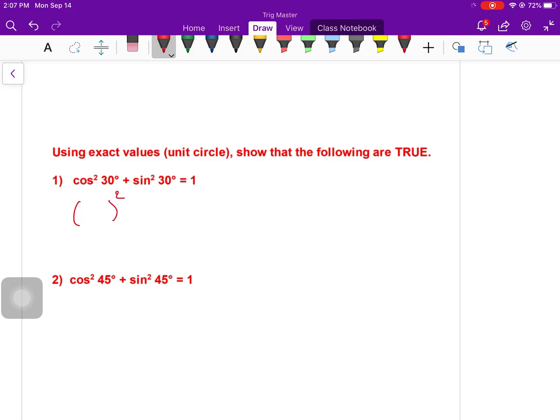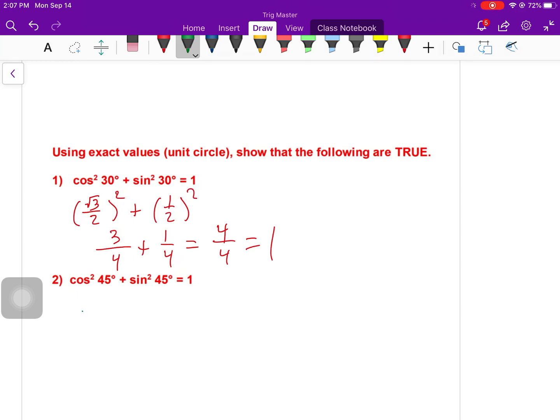Well, cosine of 30 degrees, that's going to be our square root of 3 over 2 plus sine of 30 degrees is 1/2. So when I square those, square root of 3 is no longer square root of 3, that's just 3. 2 squared is 4. 1/2 squared is 1/4, which is 4 over 4, which equals 1. So I know that that is true.